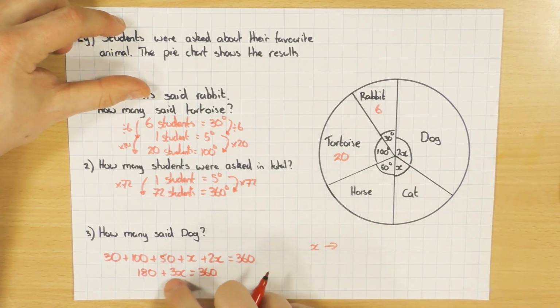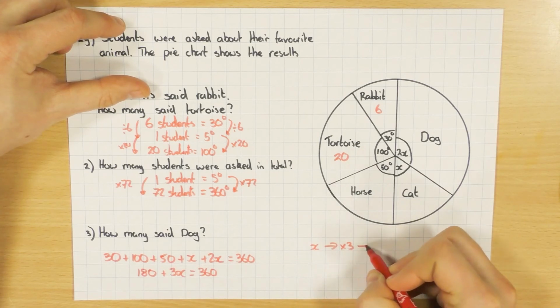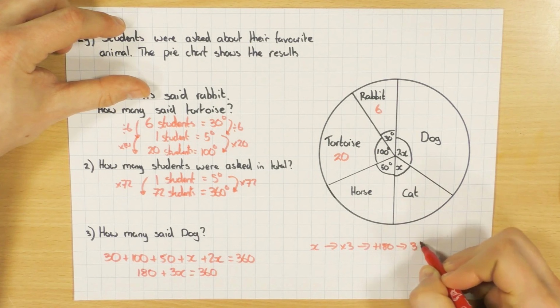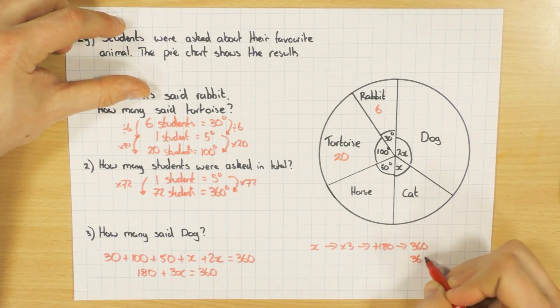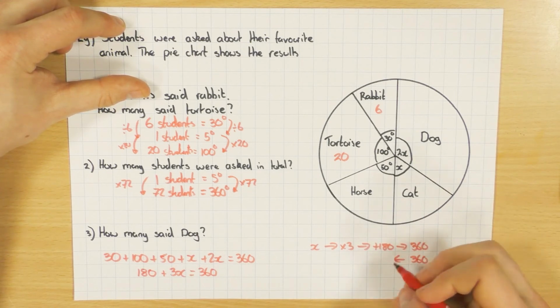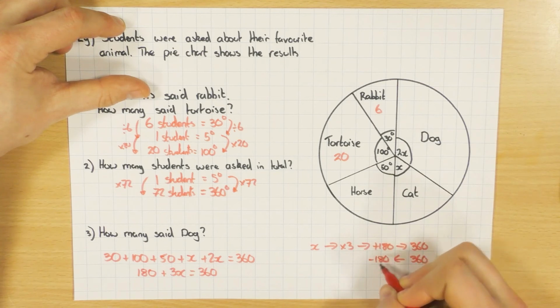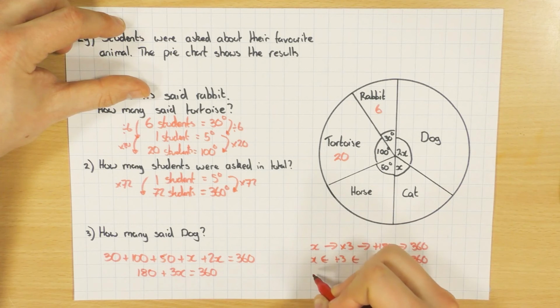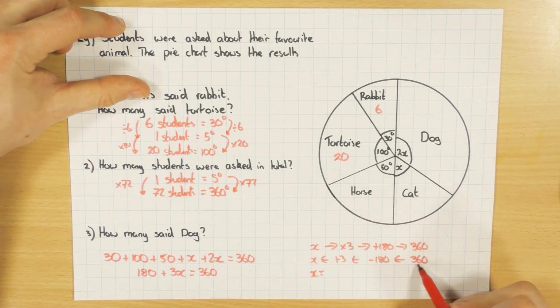So I've got my x, I times it by 3, I add 180 degrees, and I'm left with 360. So I go back the other way, reverse it, 360 minus 180 divided by 3, and I get back to x. So 360 take away 180 is 180, divided by 3, so x is 60.